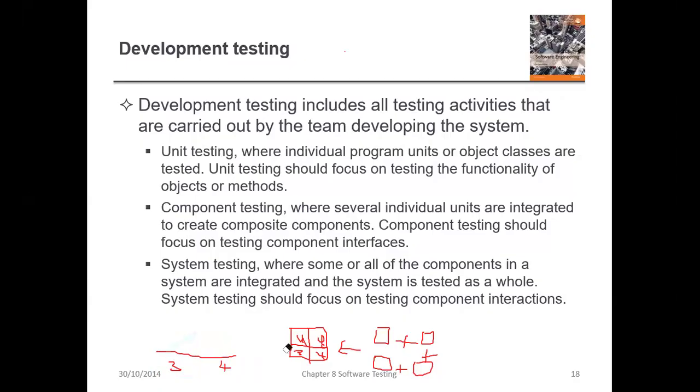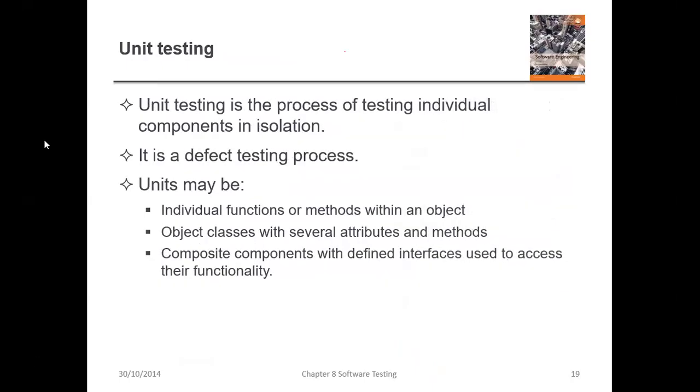So now we can continue and look at unit testing, component testing, and system testing as subtopics. So I've explained what unit testing is about, what component and system testing is about. So if we continue, we want to look at unit testing. Unit testing is a process of testing individual components in isolation, as I've already explained. It's a defect testing process.